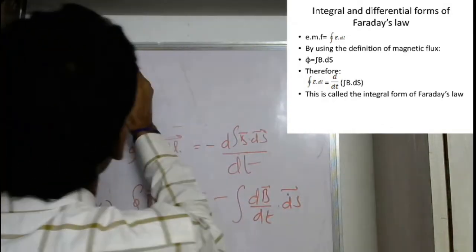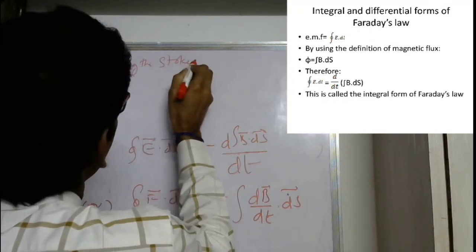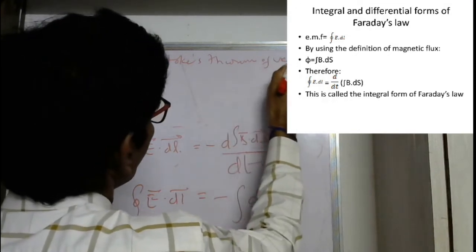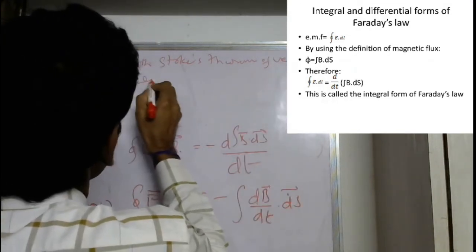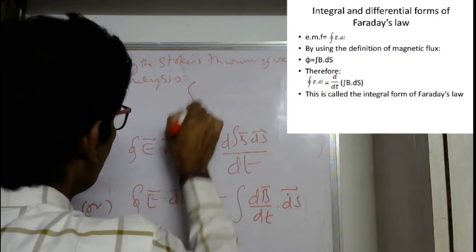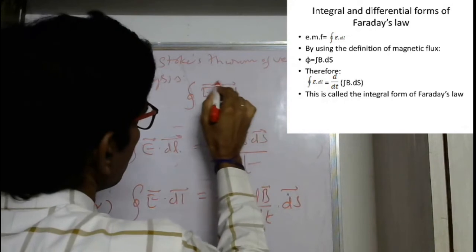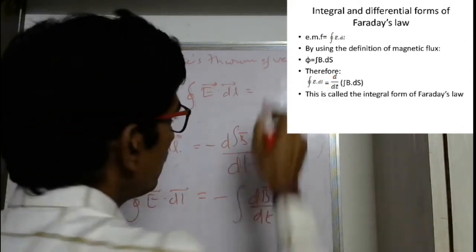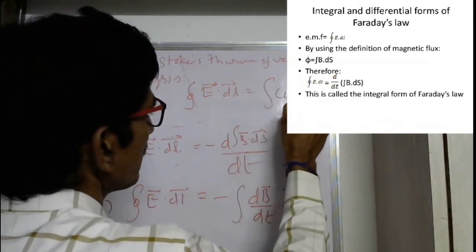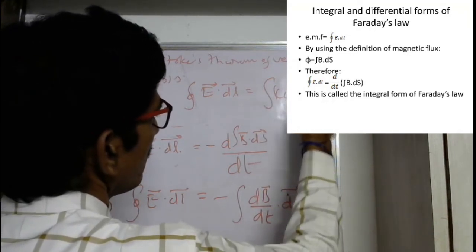Using the Stokes theorem of vector analysis, you may write this LHS as the surface integral of curl E dot ds.